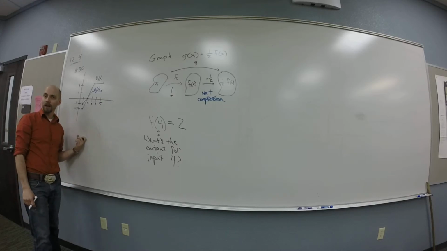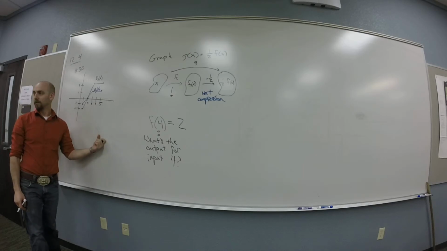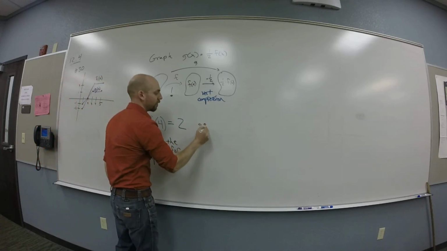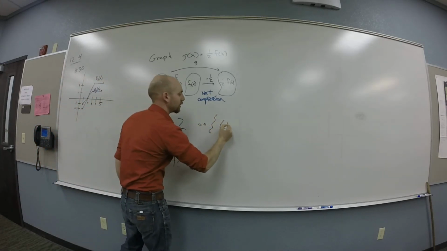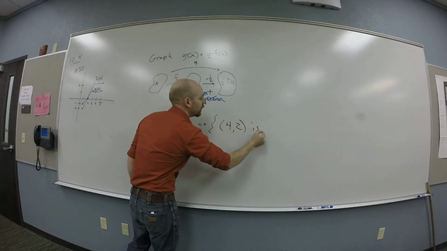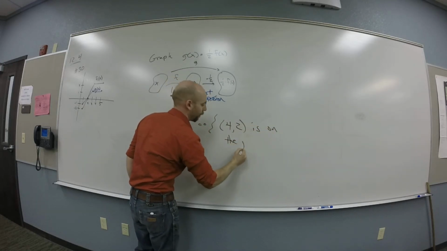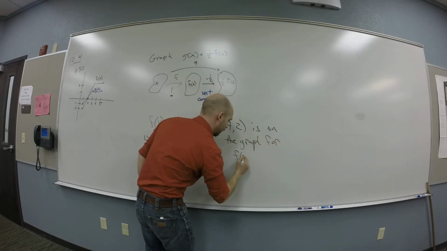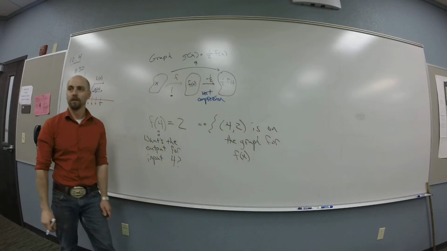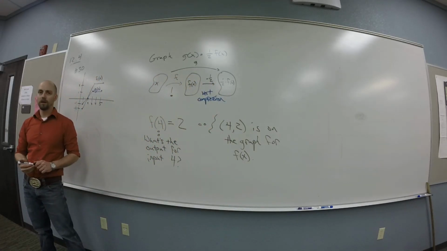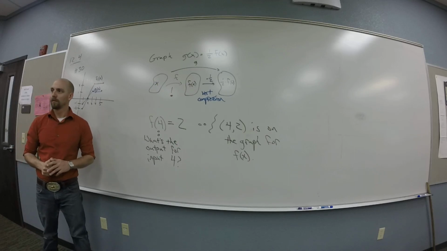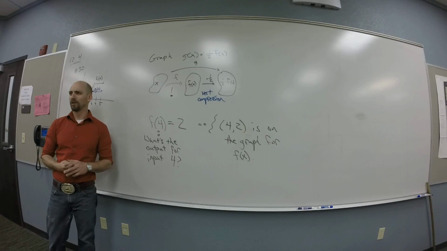So the points on the graph are input-output pairs. So really, maybe what we're thinking is 4, 2 is on the graph for f. You guys cool with that? Questions or confusion?